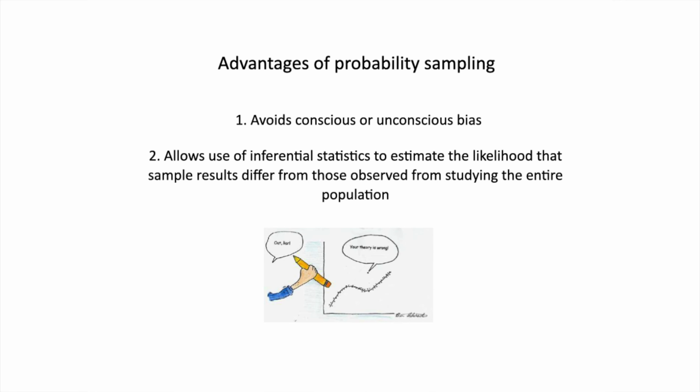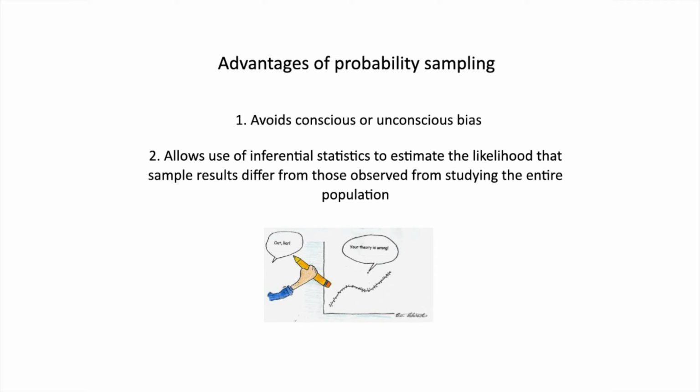The two other big benefits that come from a random sample or from a probability sample, random and probability sample are the same thing. The first thing is that it avoids conscious or unconscious bias. It takes a lot of the choices out of the hands of the researcher, just like randomization in other contexts of the course. We use randomization to mitigate conscious and unconscious bias, which is great.